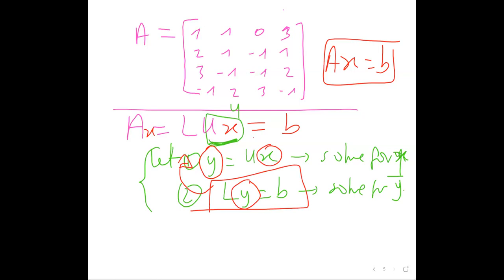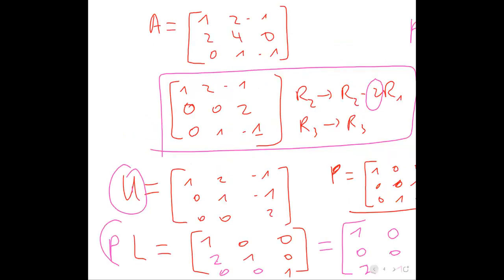But in some cases, for example in this case, when you want to do an LU decomposition using Gaussian elimination, at this point you have a challenge.